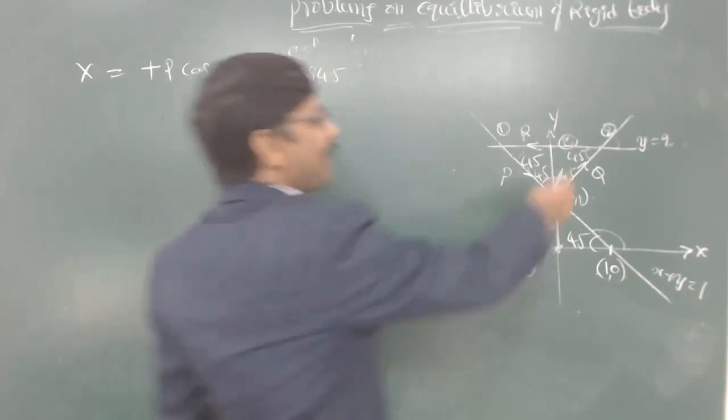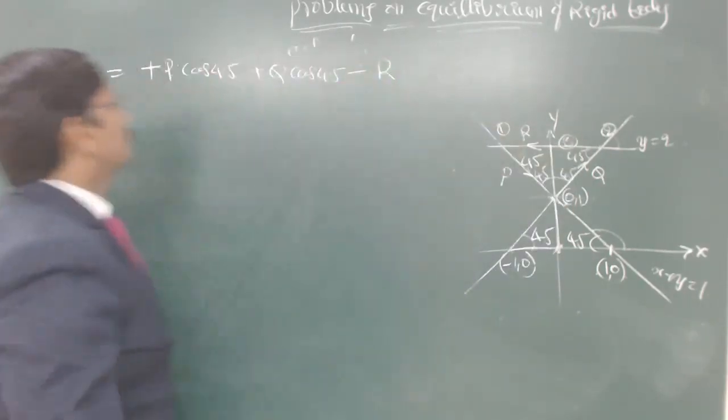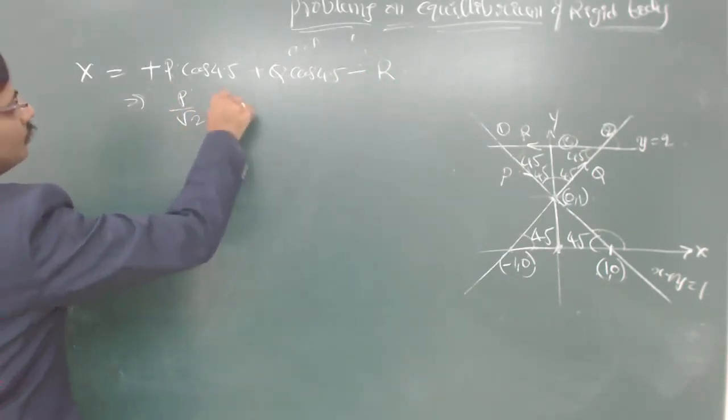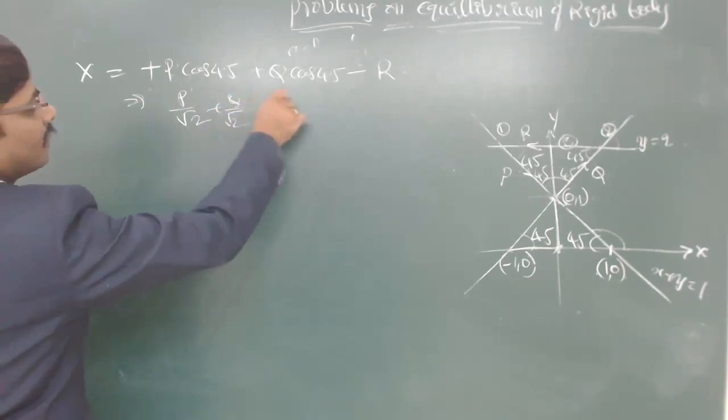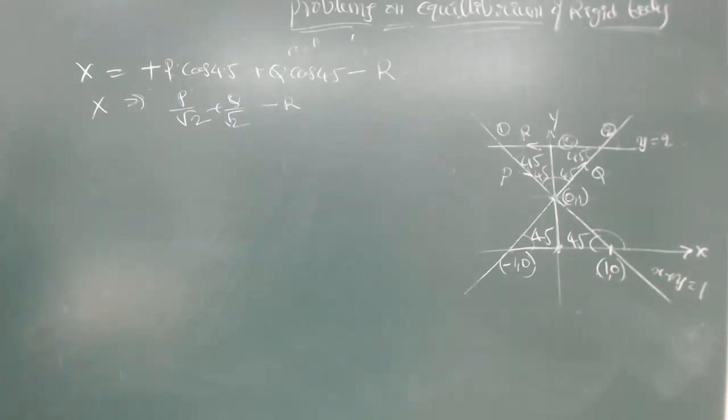And then R is acting in the opposite direction, so that is minus R. So this is P by root 2 plus Q by root 2 minus R. This is the force component along x-axis.